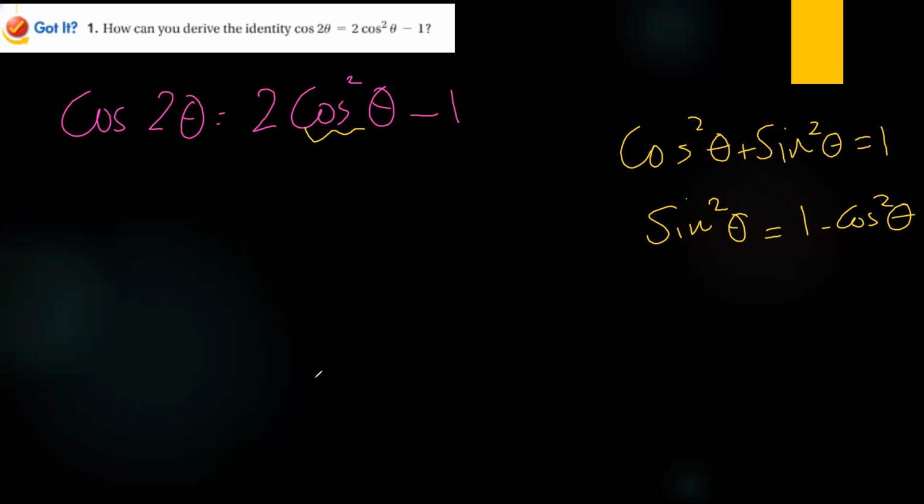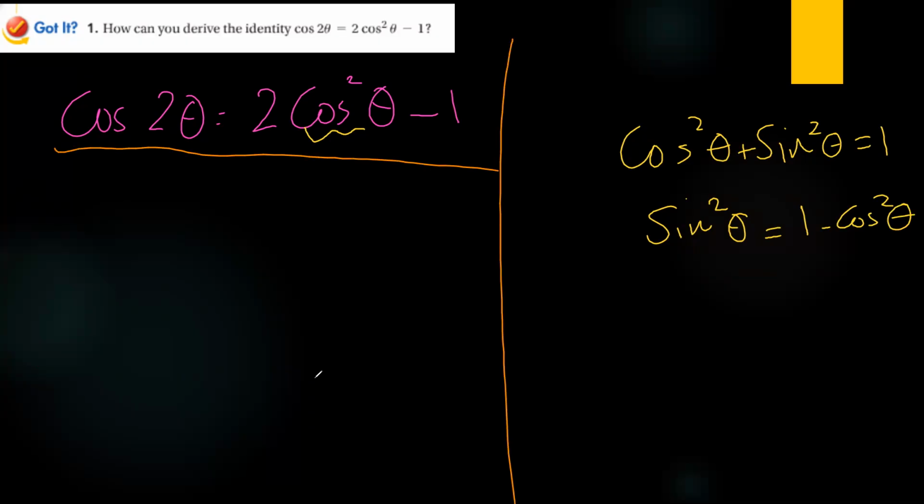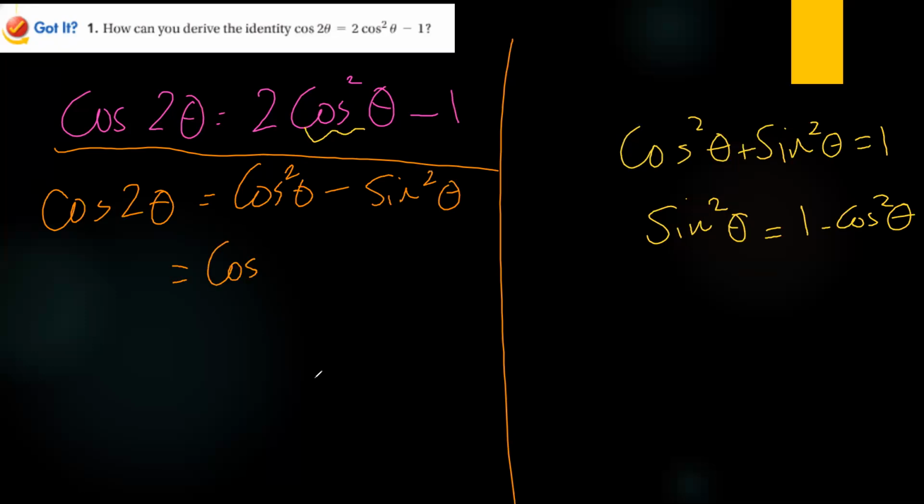Now let's come back to the original one. Cosine 2 theta is cosine squared minus sine squared. Cosine, keep it as it is. And for the sine squared, write instead of it 1 minus cosine squared of theta. And here you have a minus sign.